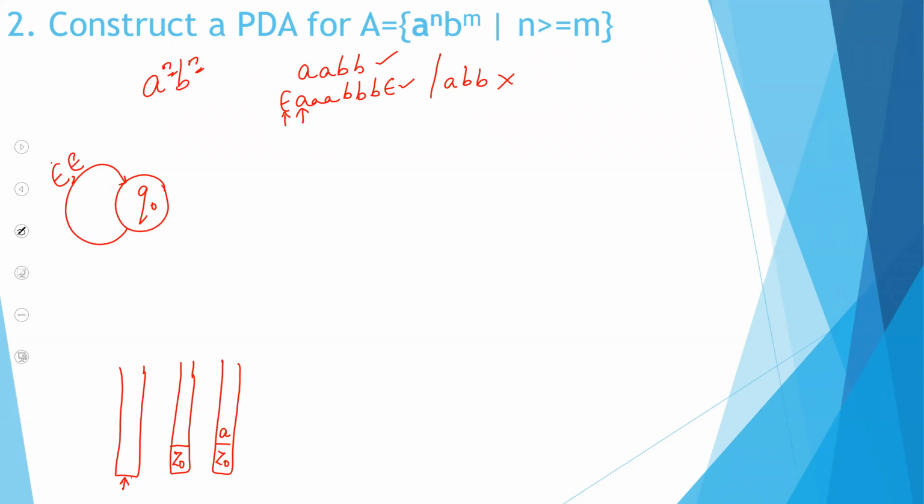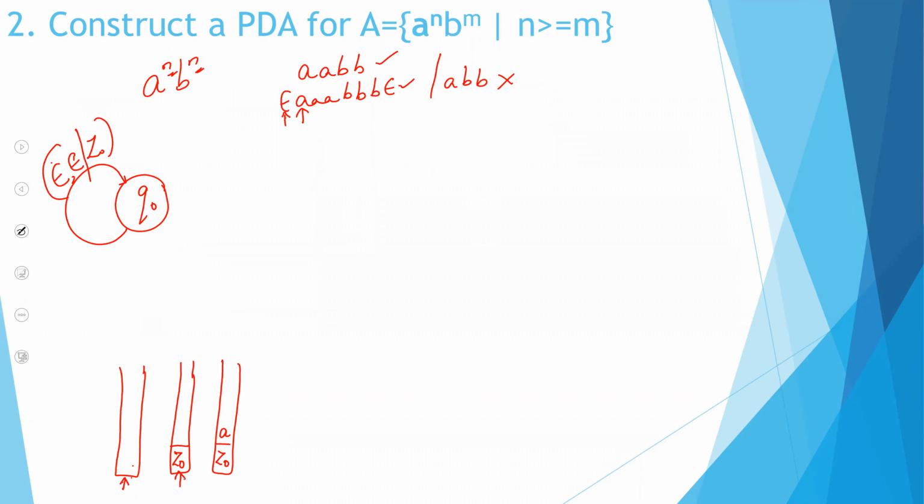Here also there was nothing inside my stack, so I wrote epsilon. And what am I now pushing into the stack? I am pushing in an element called Z0. So this is my ID. I encountered epsilon, my input string was epsilon, I did not have anything inside my stack, and I pushed in Z0.